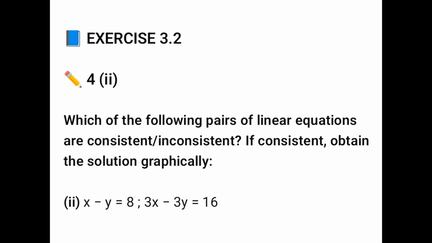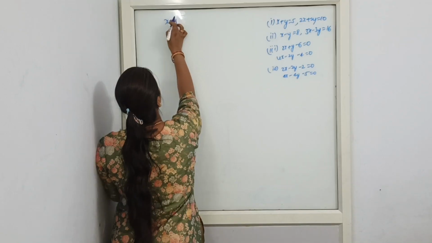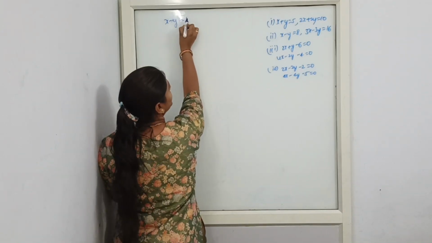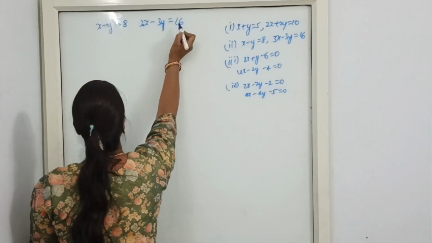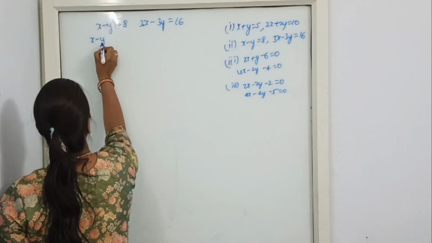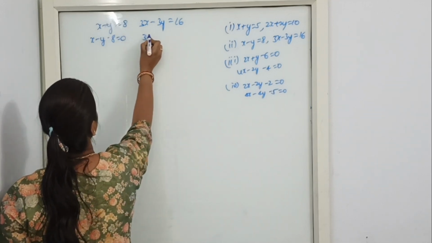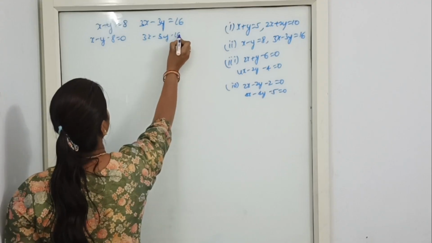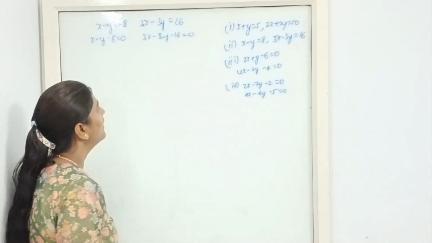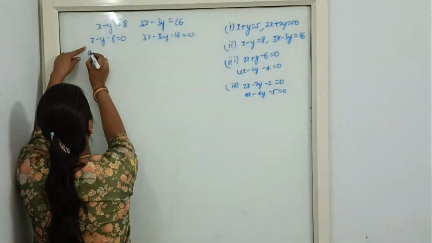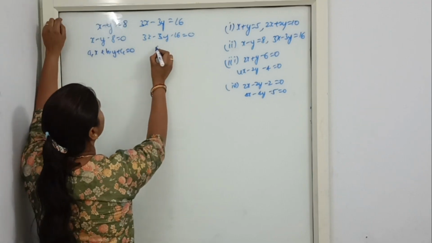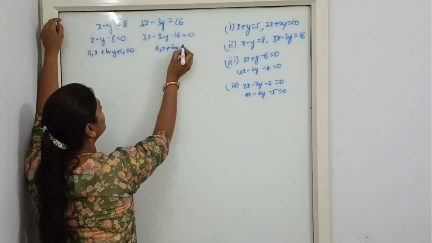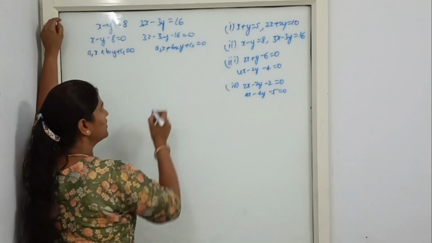The second one is x minus y is equal to 8, 3x minus 3y is equal to 16. Compare the ratios, or else you can take them inside only if you are getting confused. x minus y minus 8 is equal to 0, and 3x minus 3y minus 16 is equal to 0. Let us compare. This is like a1x plus b1y plus c1, and this is a2x plus b2y plus c2 is equal to 0.